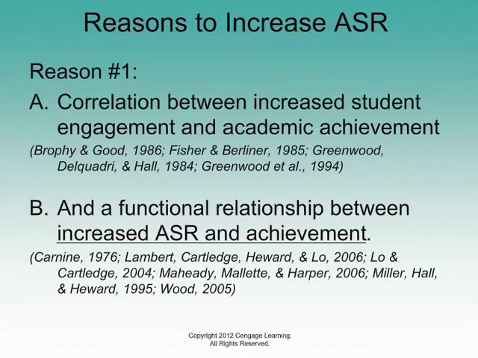A functional relationship has been shown between increasing ASR and achievement, and that means that a lot of research has been conducted. You can see all the citations there on the screen. When students are actively responding, their achievement levels are also increasing.